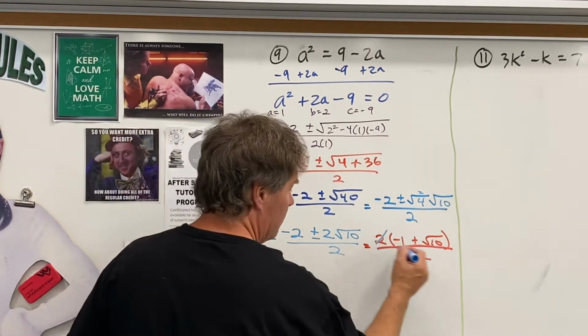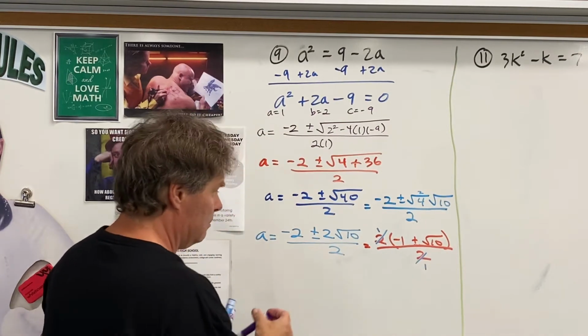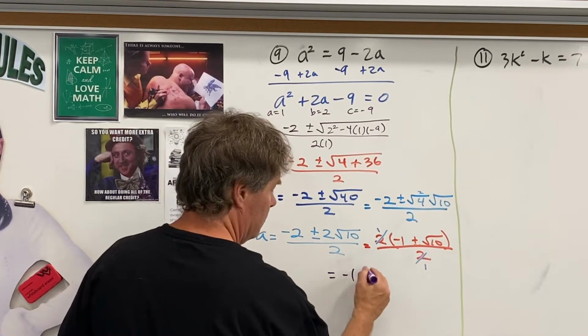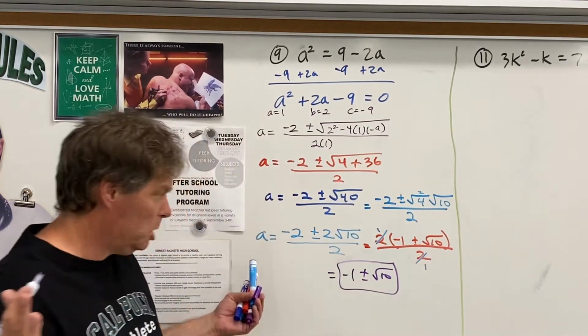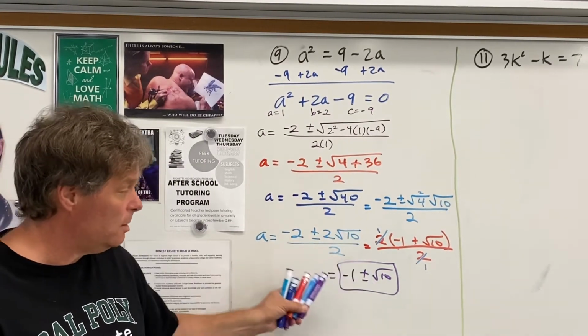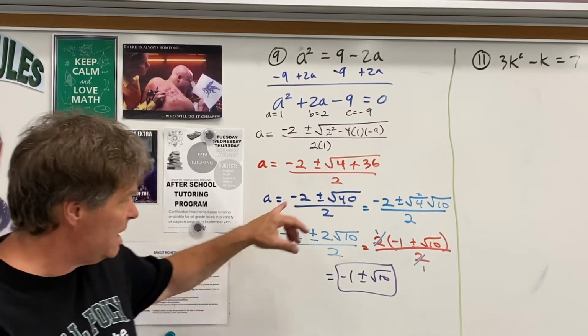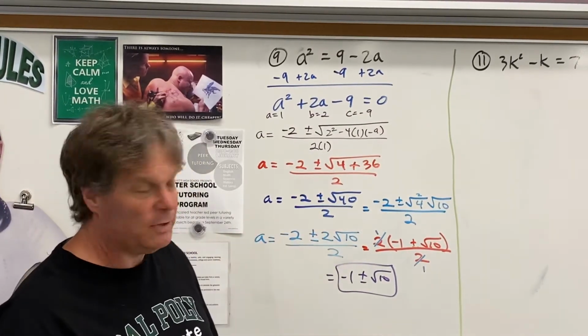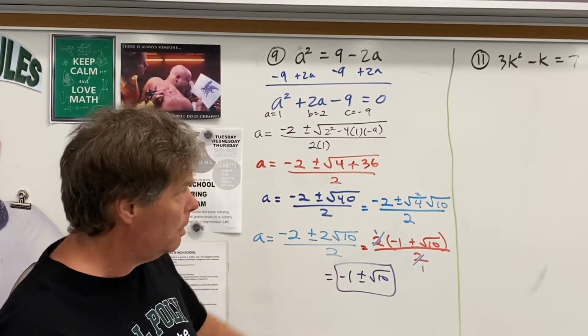So now those guys can cancel, and you finally get the great and mighty answer, -1 plus or minus square root 10. Cha-ching. There you go. That's the simplification part, right? People mess that up all the time. A lot of times people can get to here, but they mess up the simplification after that. That's not okay. You got to be able to go all the way to here.